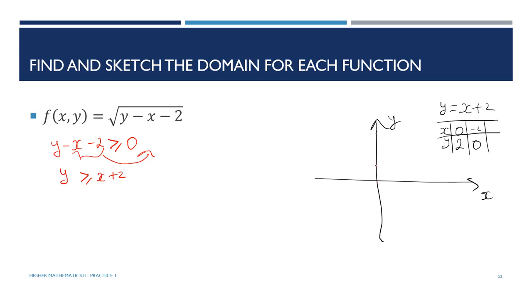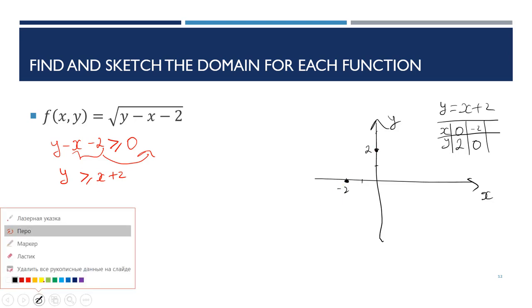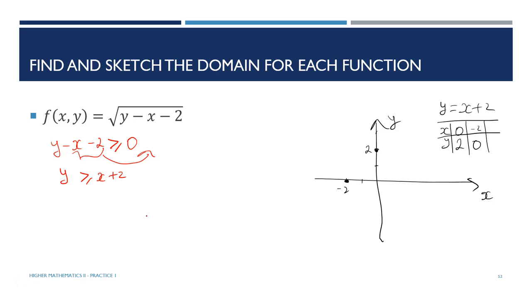So when x equals 0, y equals 2. It's 1 here and 2 here. So this is going to be our first point. When y equals 0, x equals negative 2, with negative 1 here and negative 2 here. These 2 points. Now I have to connect these 2 points with each other.